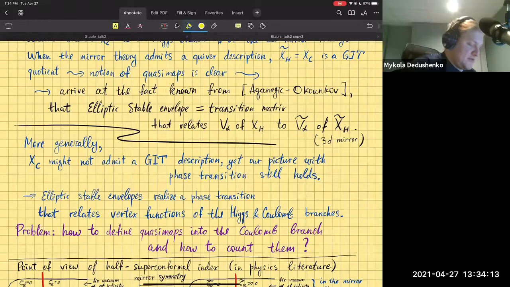So it suggests that the interface relates vertex functions of the Higgs and Coulomb branches, but then there's a problem: how to define quasi-maps into the Coulomb branch and how to count them. That's an open problem. I don't know how to do that.